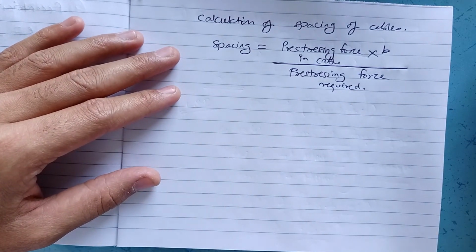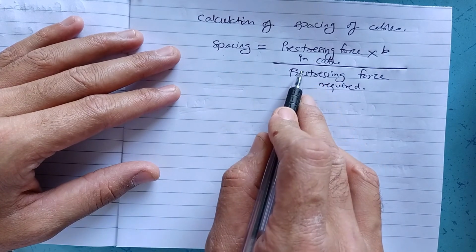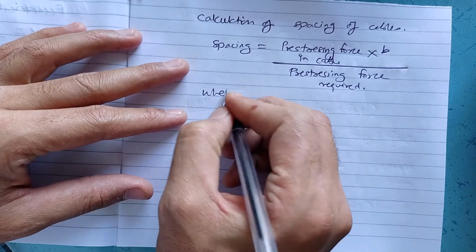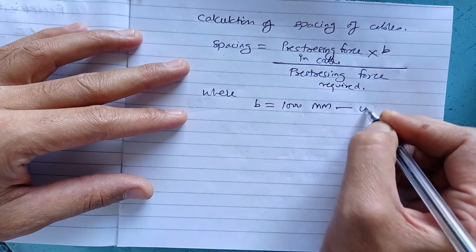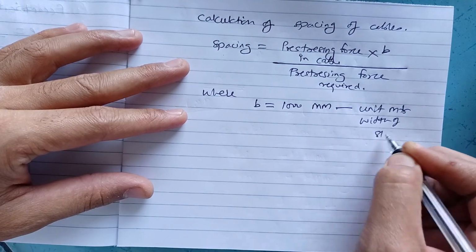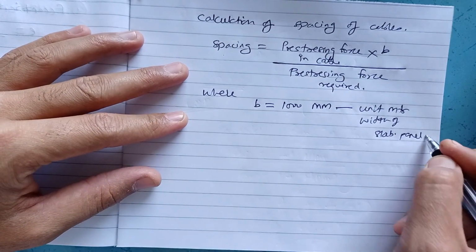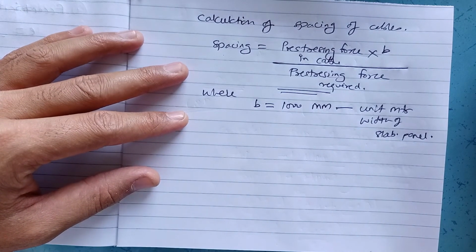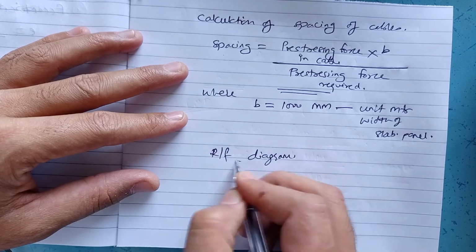Spacing in the cables can be calculated by the formula spacing is equal to pre-stressing force in the cable into B divided by pre-stressing force required, where B is nothing but 1000 mm, that is unit meter width of slab, unit meter width of slab panel. In this way you are supposed to determine the spacing of the cables. And at last reinforcement diagram.